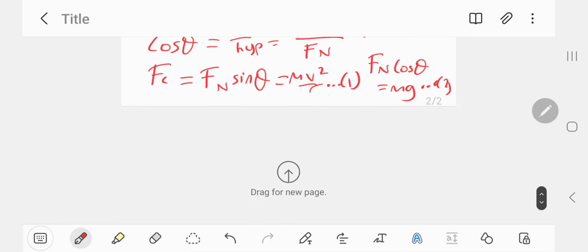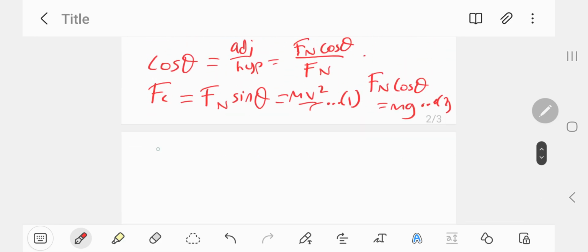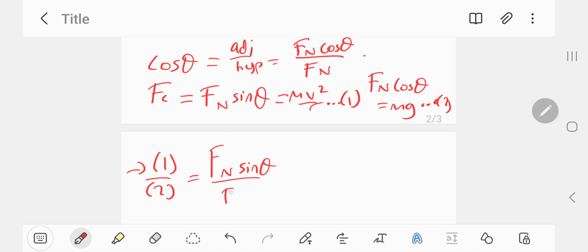Let's play around with them, see what we get. Let's divide expression 1 by expression 2. So we get F sub n sine theta divided by F sub n cos theta. Now, F sub n sine theta is just m v squared over r, and F sub n cos theta is just mg.